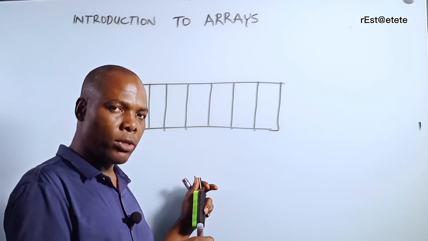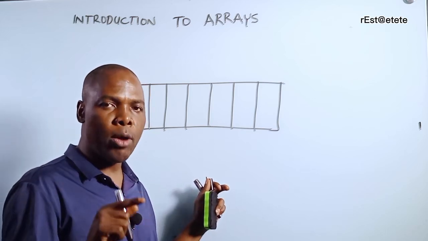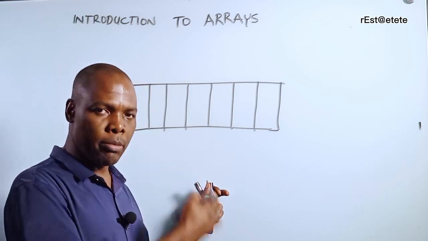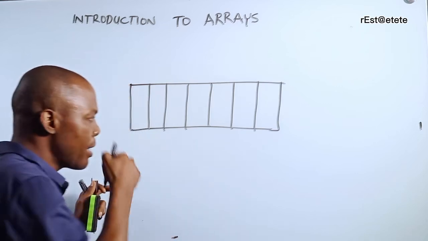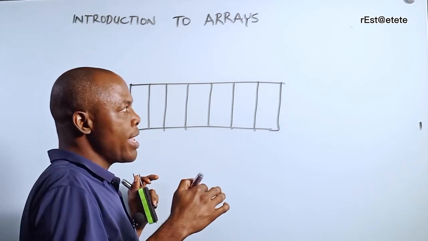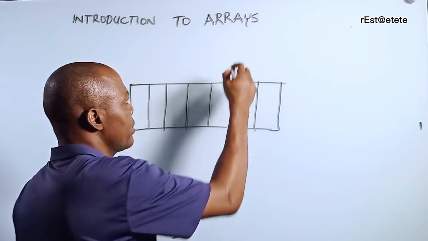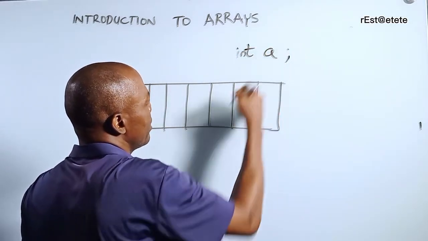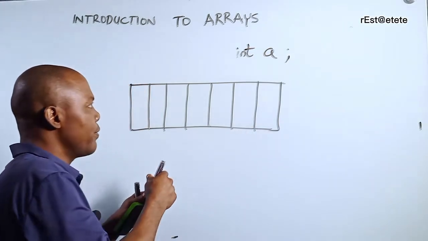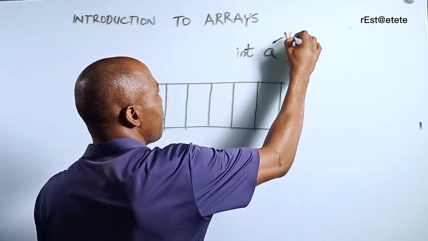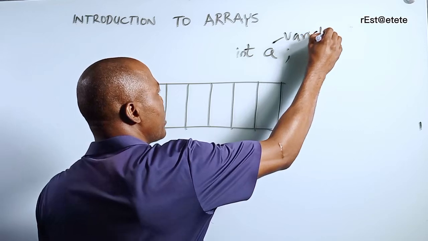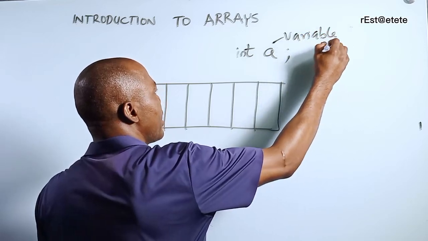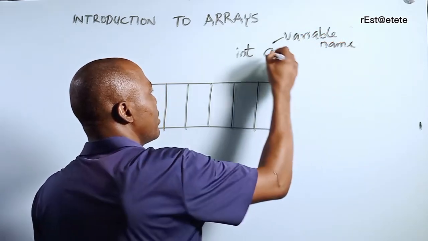Before I answer that question, let me explain how variables are stored in the memory, right? Now, let's say I declare a variable, int a. This is a variable. That is the variable name, variable name a.